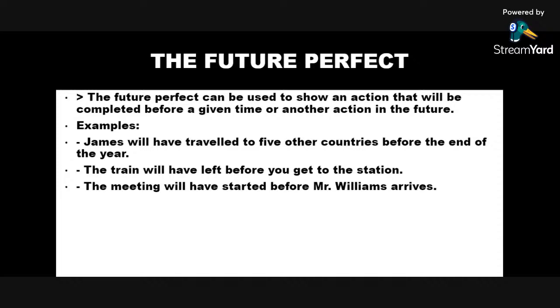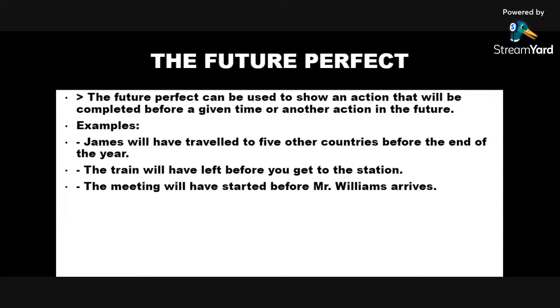When you are looking at two actions or two events likely to happen in the future, and one is going to occur before the other, the train will have left. That's one action that will happen before you're getting to the station. All right. So you are looking at two actions, and one comes before the other.